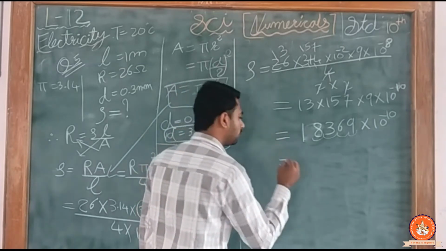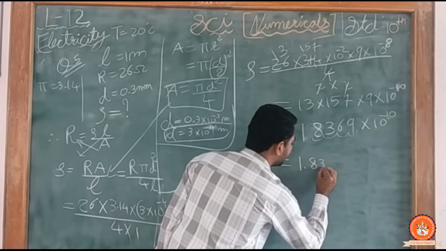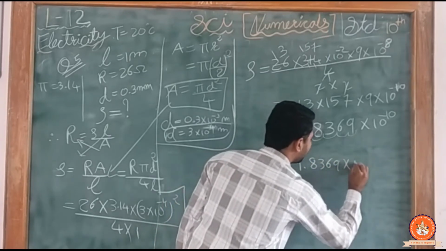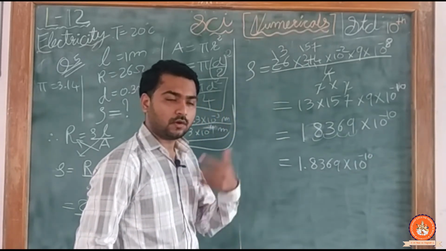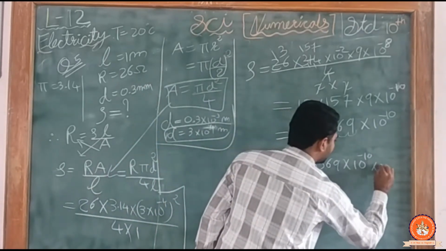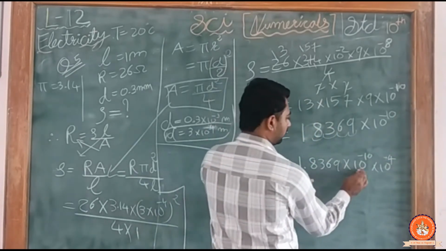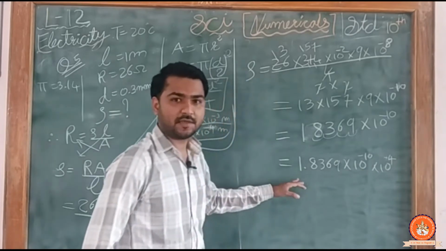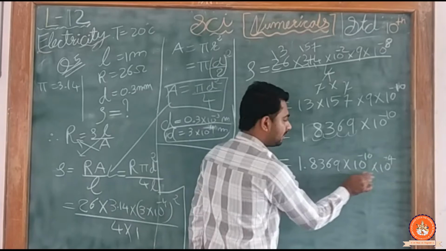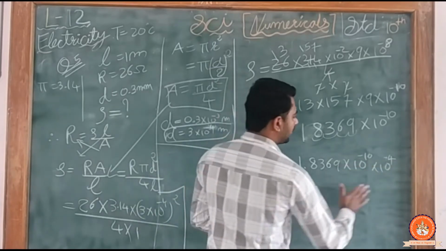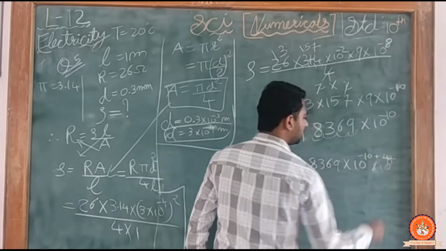If I am taking the decimal over here, then 1.8369 into 10 raised to minus 10, then I will add 10 raised to plus 4. Now both the bases are the same. You have studied the chapter on exponents of power in 7th standard, both have the same base. So I will add the powers, so it becomes directly 10 raised to minus 10 plus 4.